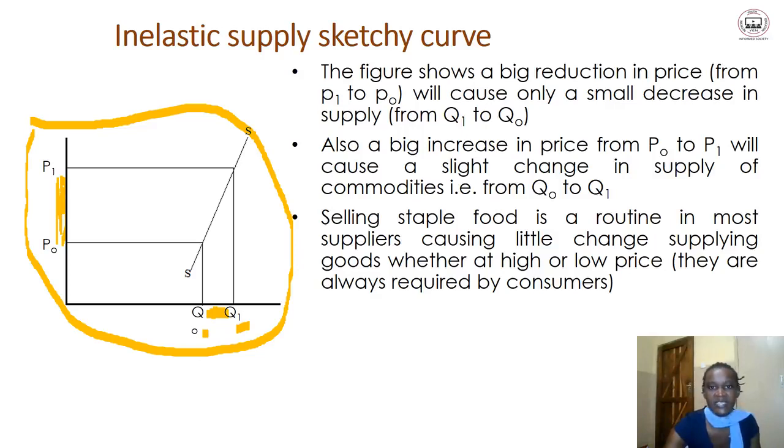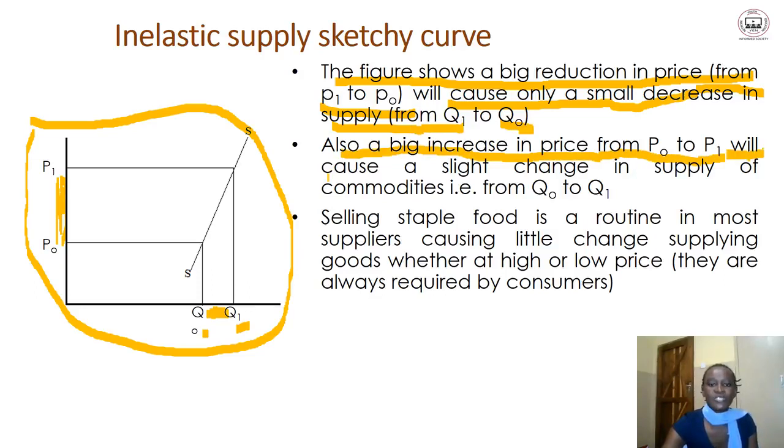So we're saying that the figure shows a big reduction in price from P1 to P0, but causing only a small decrease in supply from Q1 to Q0. And also, if there is a big increase in price from P0 to P1, this will still cause a slight change in supply of the commodity, that is, from original quantity to new quantity.